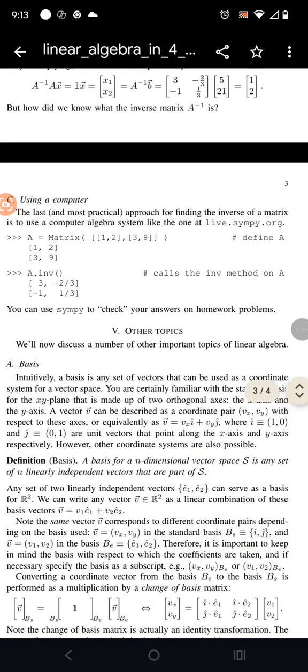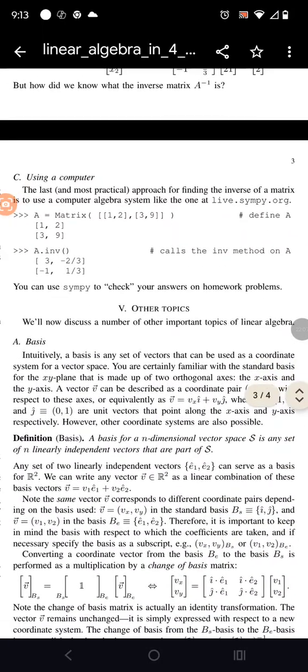Then we have the basis as another topic. Intuitively, a basis is any set of vectors that can be used as a coordinate system for a vector space. With unit vectors along the x-axis and y-axis, the vector v can be described as a coordinate pair vx, vy, where v equals vx times i plus vy times j, with i hat equals (1, 0) and j hat equals (0, 1) being unit vectors, and also the basis.